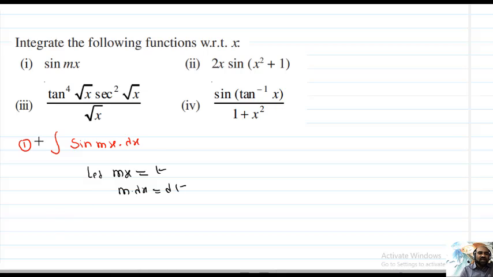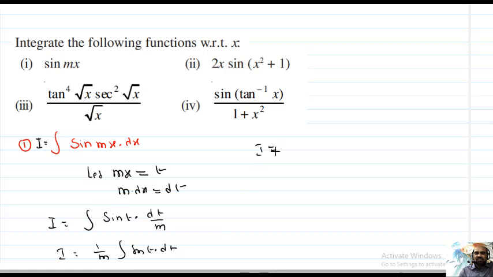So the problem I will always write as I. Now I becomes the integral of sin t, and instead of dx I can write dt by m. So I is nothing but 1 by m integral of sin t dt.